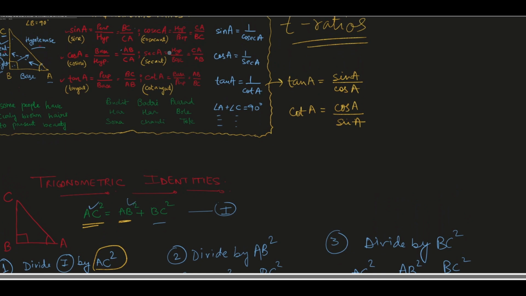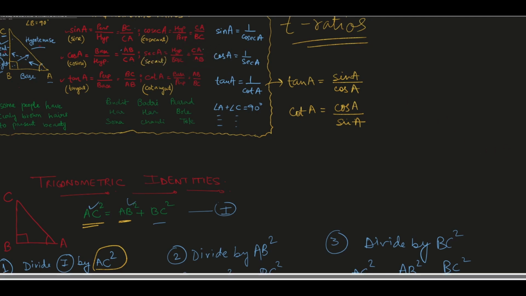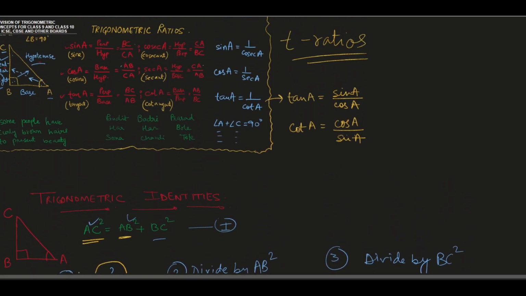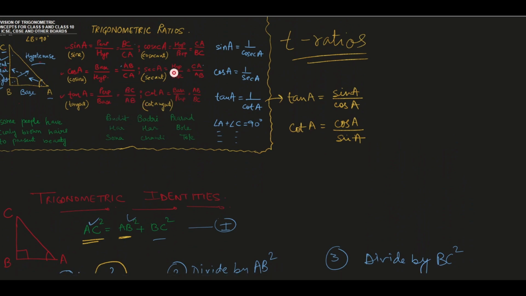Just look here. This is AC or CA, right? Let me highlight this one. AC by AB. So this is sec. The next one, BC by AB. Where is BC? Okay, we got this BC by AB. So first it will be sec, and then it will be tan. So let's write.